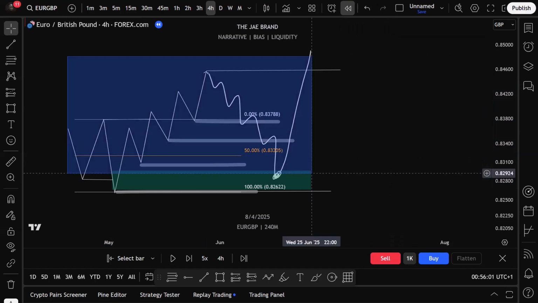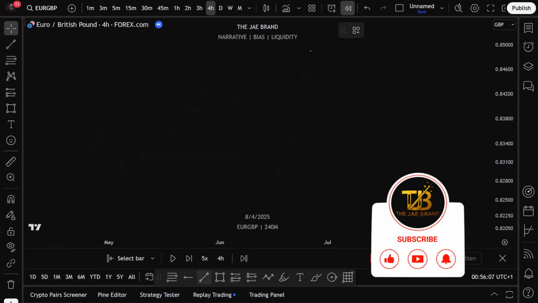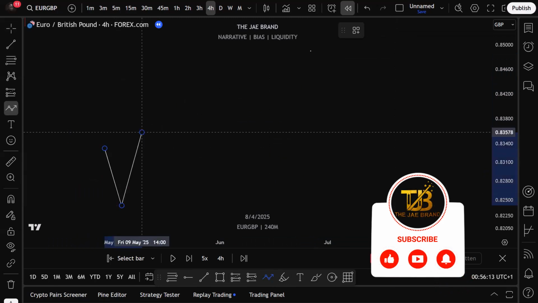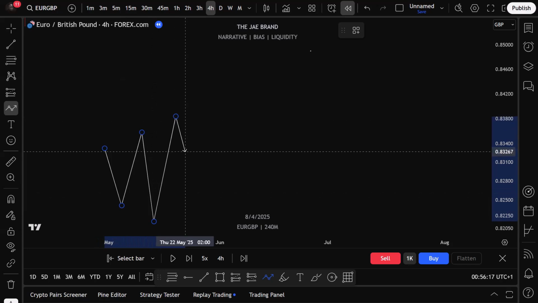Now let me explain better. Now, for instance, you can have a swing structure. This is your swing structure, and then let me give us another example.